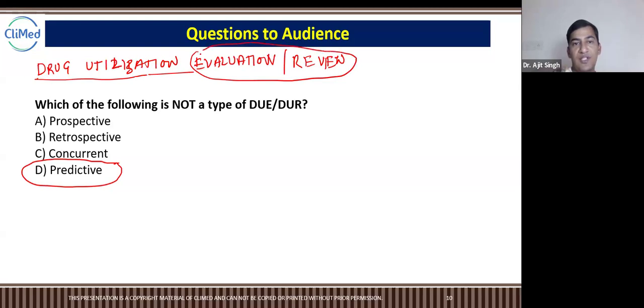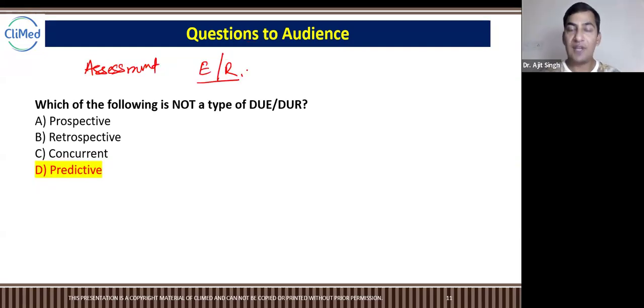Evaluation or review means assessment. So first thing is assessment of drug utilization. Focus here, I'm trying to explain it in a nice way.